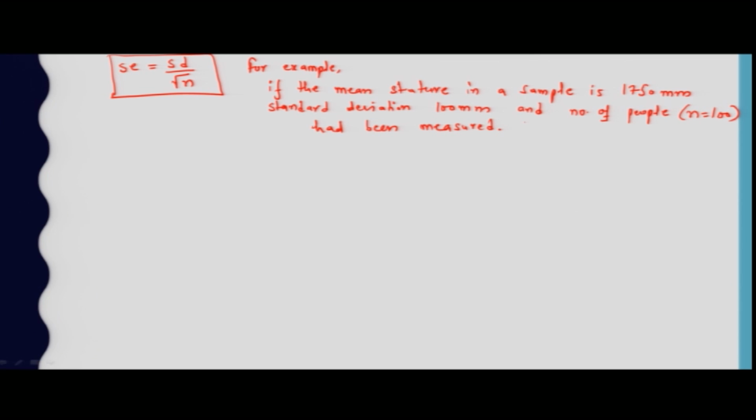So, the standard error of the mean will be 100 upon square root of 100. That will come out as 100 upon 10, equals 10 mm.